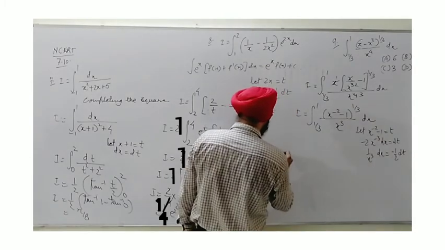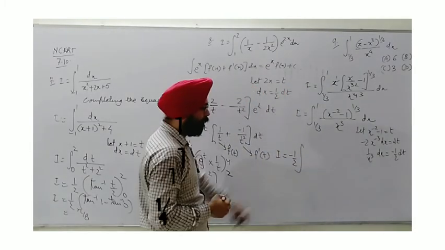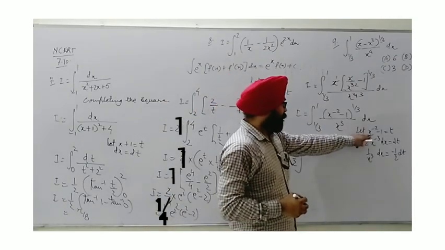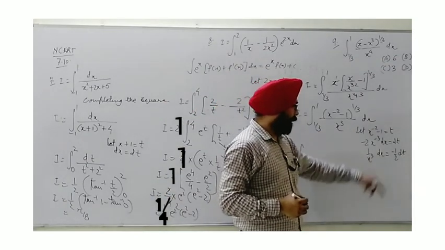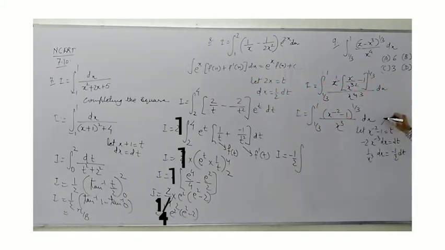Here we can write the integral as minus 1 upon 2. What about the limit? This is x to the power minus 2 minus 1. Now maybe this is our problem, so you can simplify it. This will be 1 upon x square, meaning (1 minus x square) upon x square is t. Now when you want to solve the limit, you can put the value here. Let me do it completely.